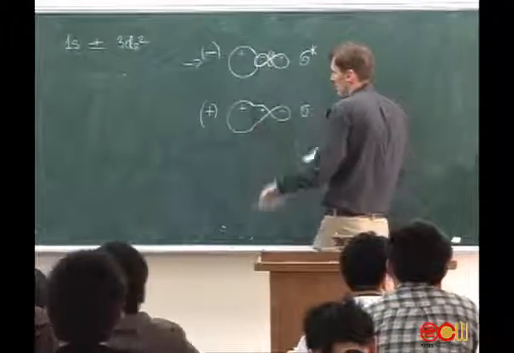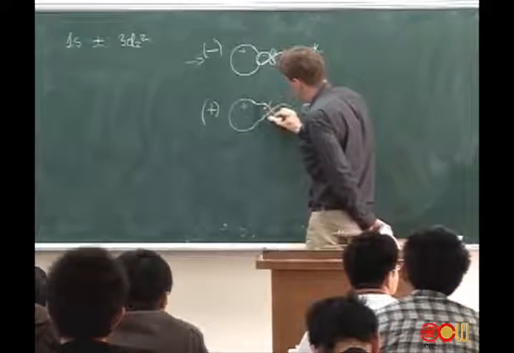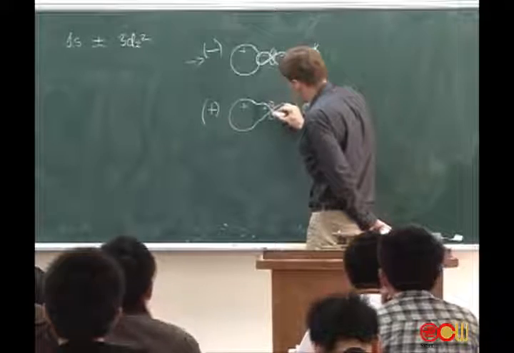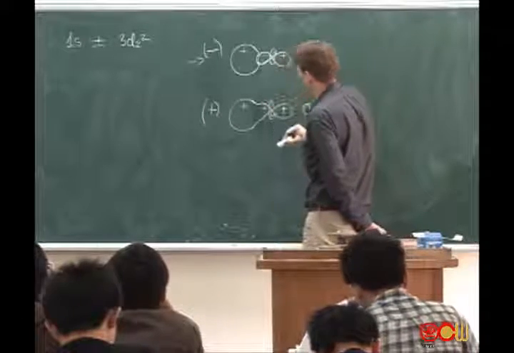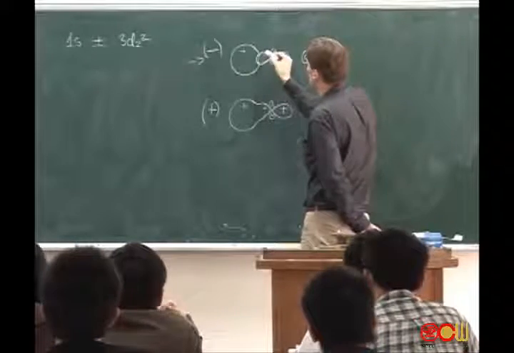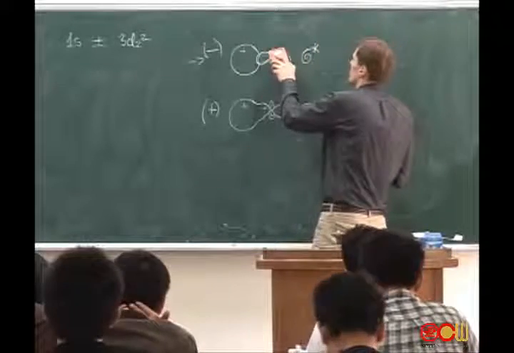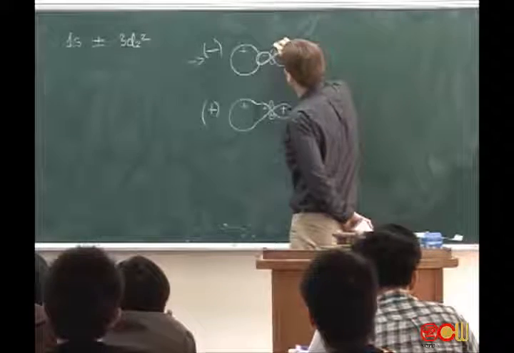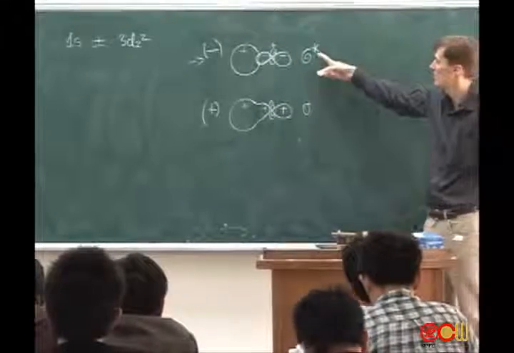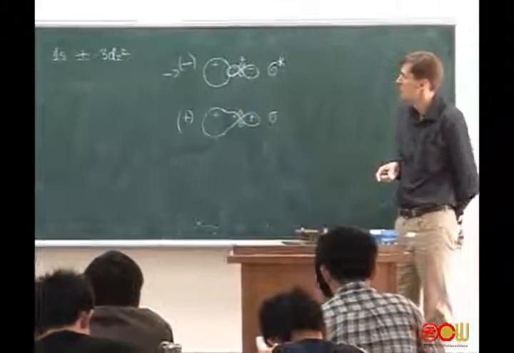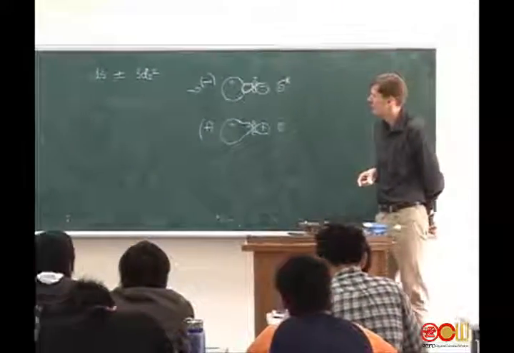So for the plus sign, everything looks more or less like that, with the minus here. And with the minus sign, you get this one, of course, minus, and here the sign will be plus on this one. And again, sigma, sigma antibonding. No big difference.